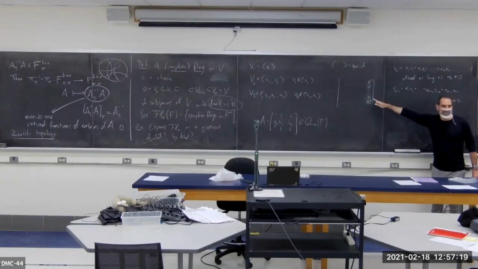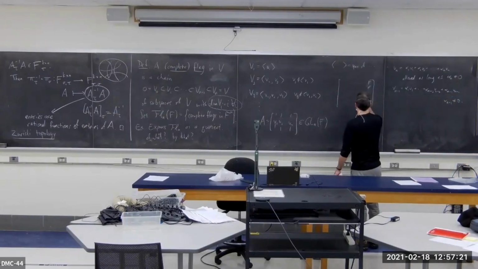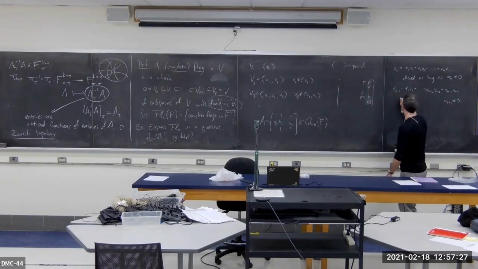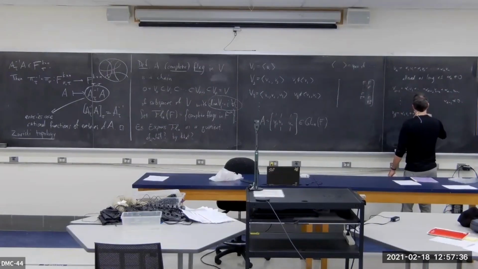What does that look like over here? That looks like we've got our F star sitting here, and then F like this. And then dot, dot, dot, we get, let's do V3. V3 is alpha 1 V1 plus alpha 2 V2 plus alpha 3 V3.